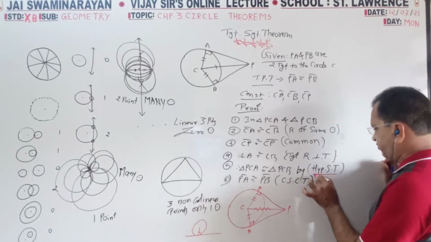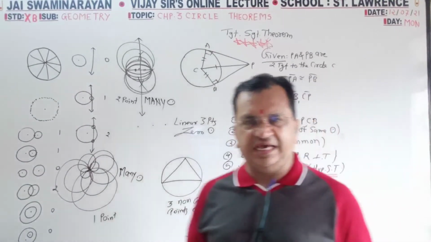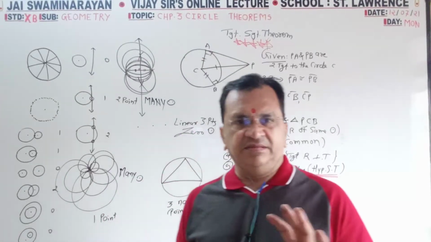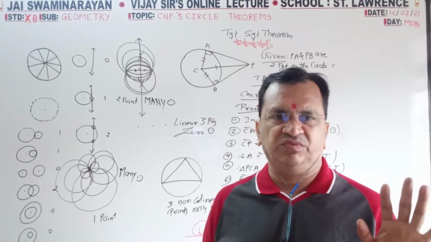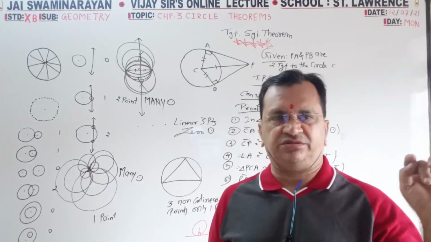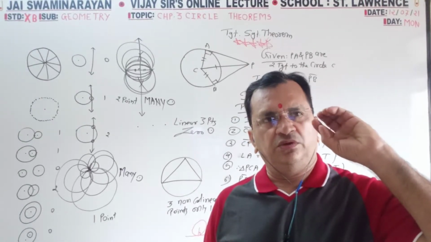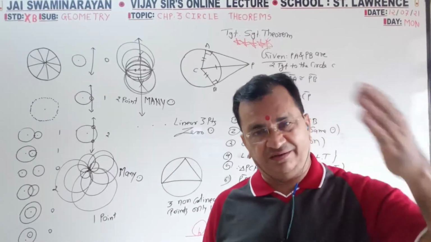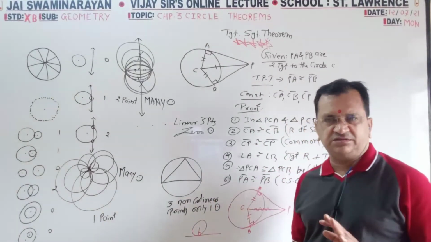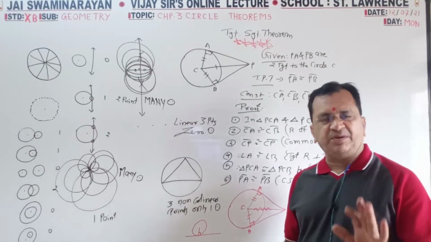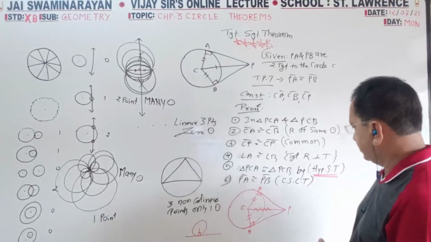Hypotenuse side test. If you write any other, SSS, ASA, it will be wrong, because in another test what you want to prove you have taken as given, but in this test it is perfect. Only for hypotenuse side test you can write this.